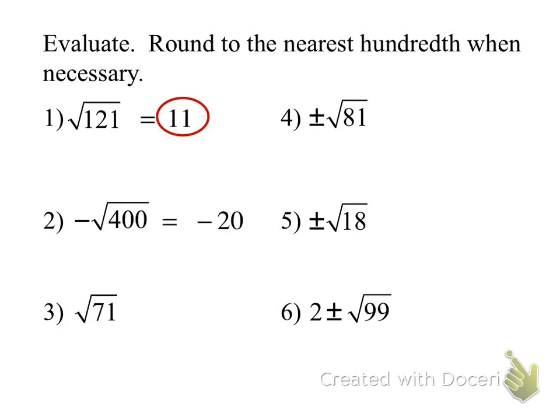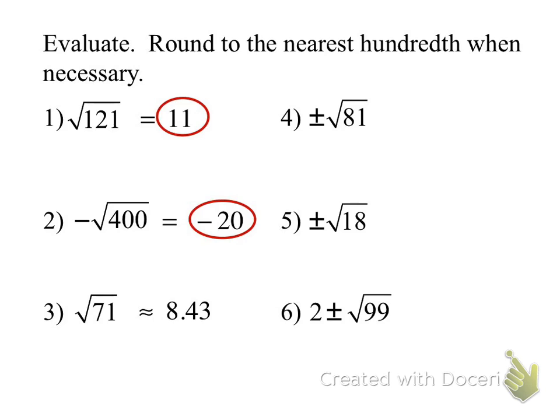The square root of 71 falls between 64 and 81. Is it closer to 64 or 81? 64. So what are you estimating at? 8.3. Let's see. I'd say that's pretty close.